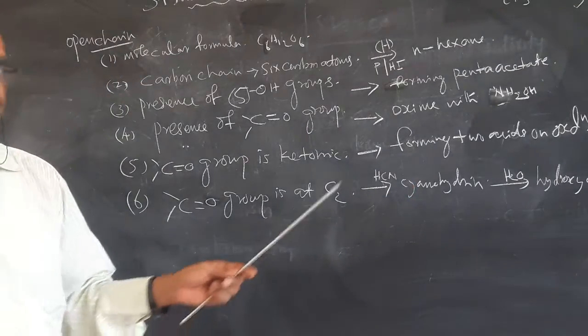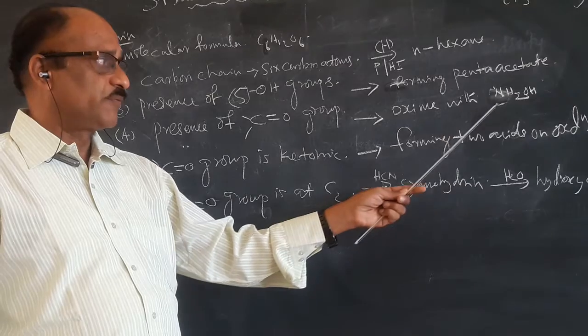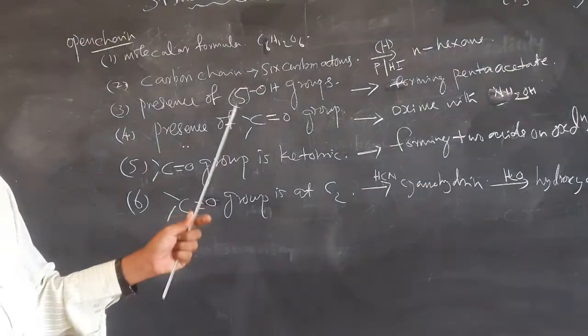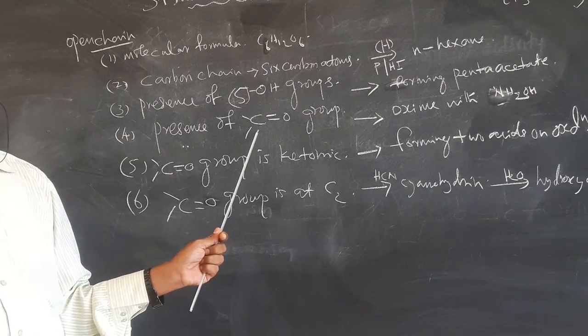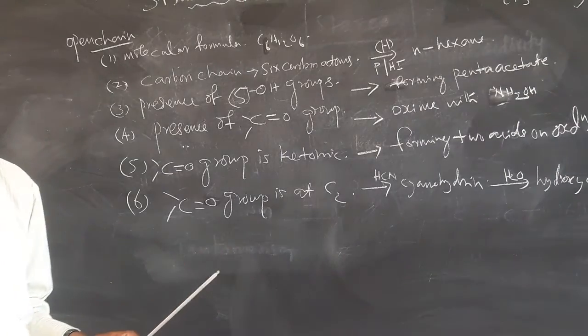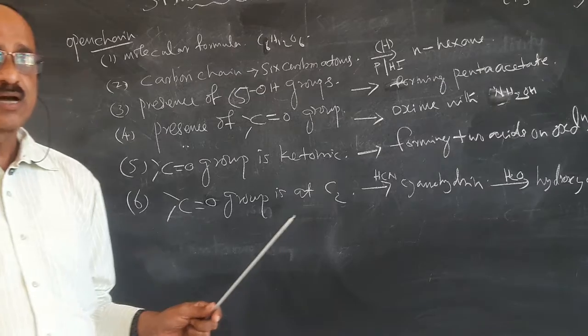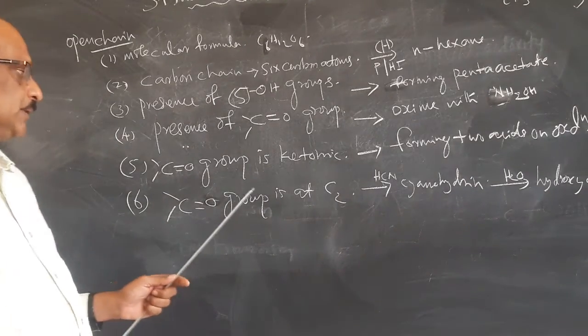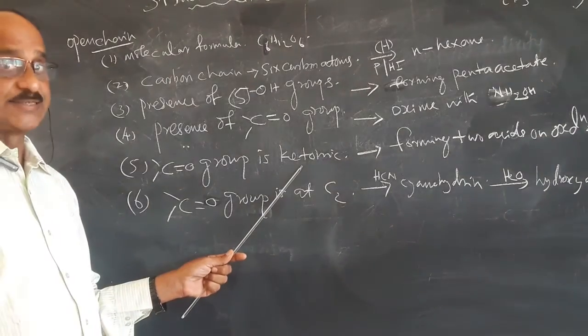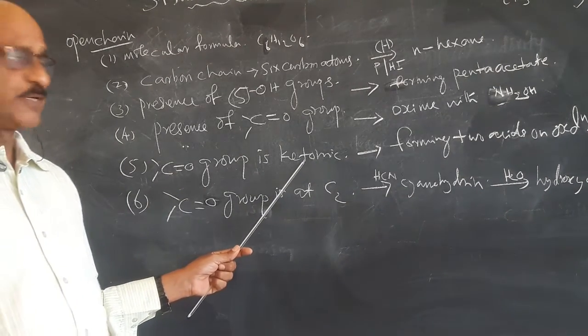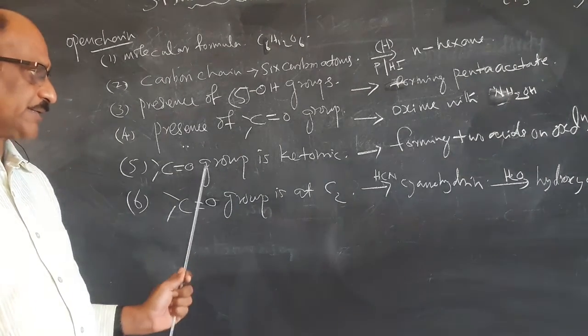So that shows the fructose molecule contains a CO group. The CO group is the carbonyl group, and it is present as a ketonic group in this case.